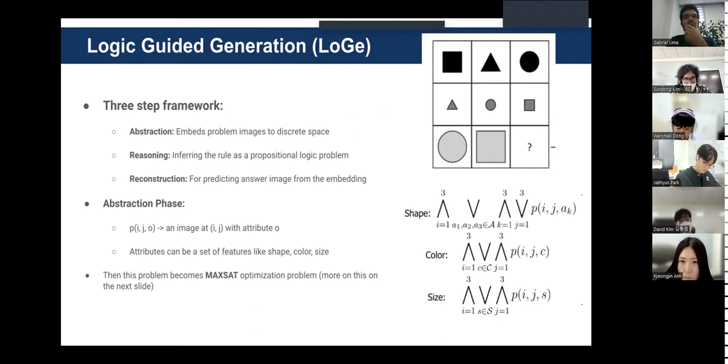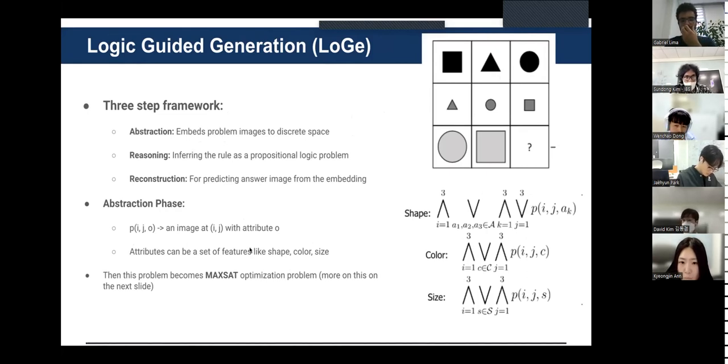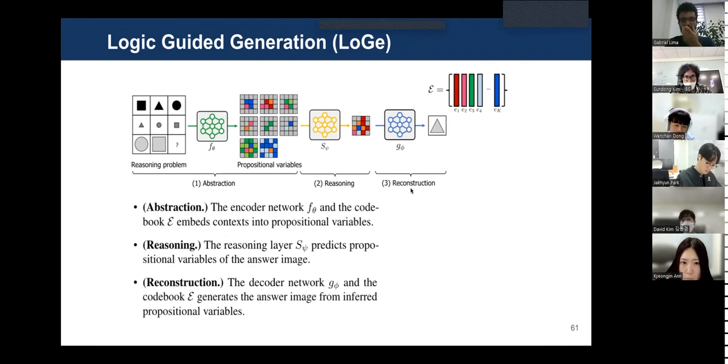As you see in the abstraction phase, they take the image, take its attributes, and convert them into these propositional variables. You can see the authors have described this in this figure. So abstraction into propositional variables, then they do reasoning, and from the reasoning outputs, they just reconstruct the output.